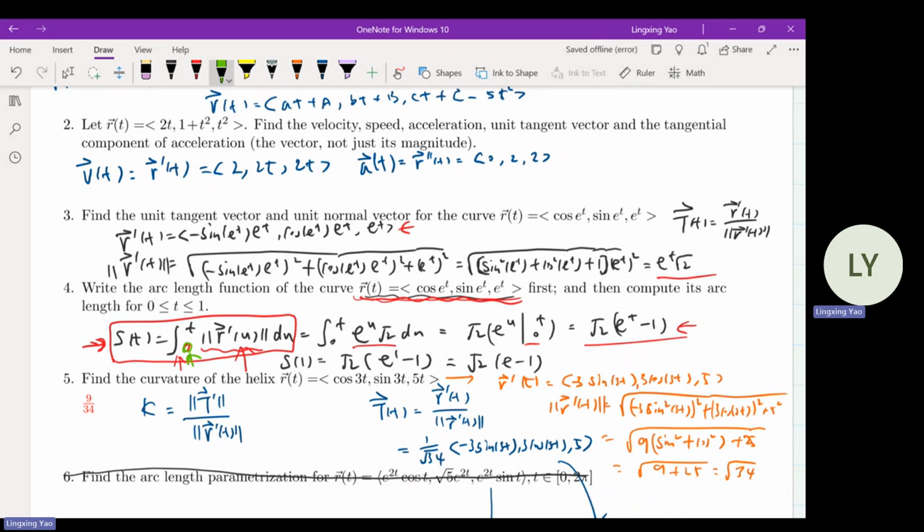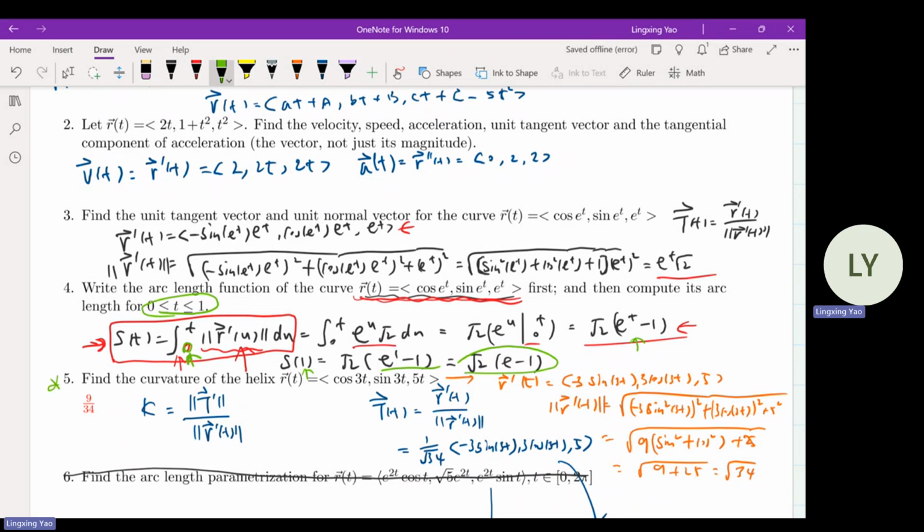And here, in this question, we need to find the arc length along the path between 0 and 1 for t. So we need to calculate s of 1. This is e minus 1. So we got this. All right, so that's relatively easy if you know the formula.